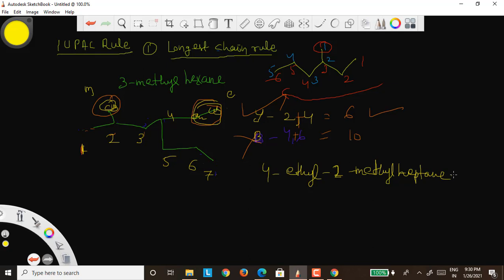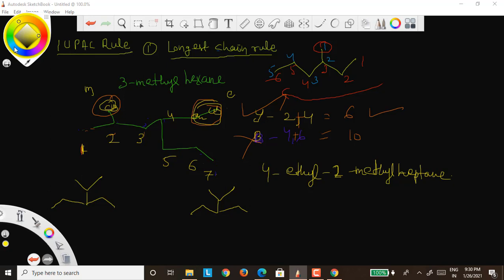Now in the longest chain rule, there is one thing you have to note. Now let us give an example. Suppose I am giving one structure like this. So we can give the numbering in two ways.